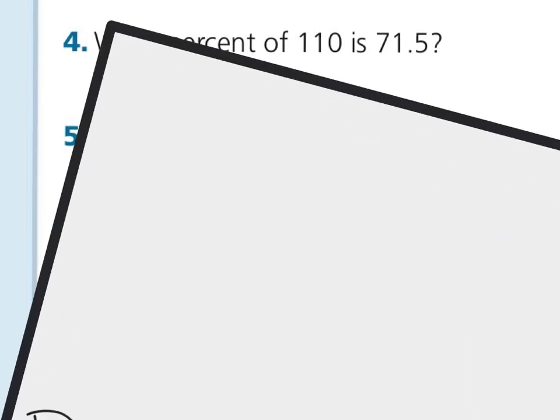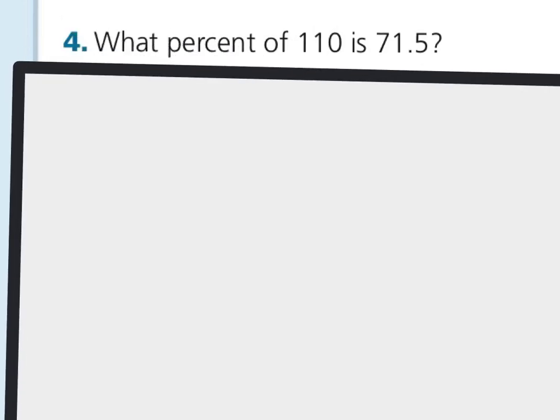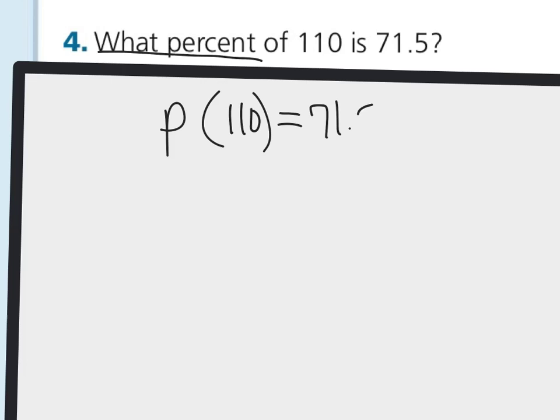Number 4, back to an equation. So what percent? I'll just do p for percent this time. Of means times 110. Is means equals 71.5.